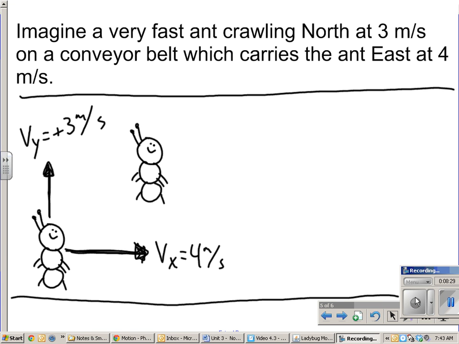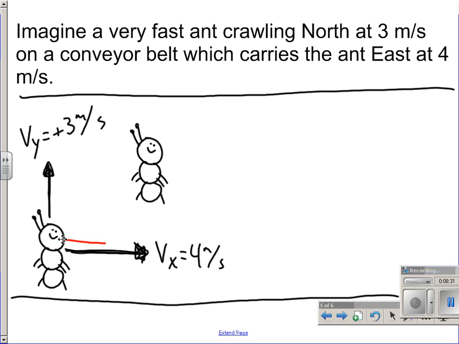So look what has happened. In that amount of time, our ant has gone this way 4 meters, and he's gone this way 3 meters. So his overall displacement, I should say, is he went 4 meters this way, 3 meters this way, which means he actually traveled this way, right? Okay. So at this point, we've got to do a little bit of Pythagorean theorem and figure out how far he went.